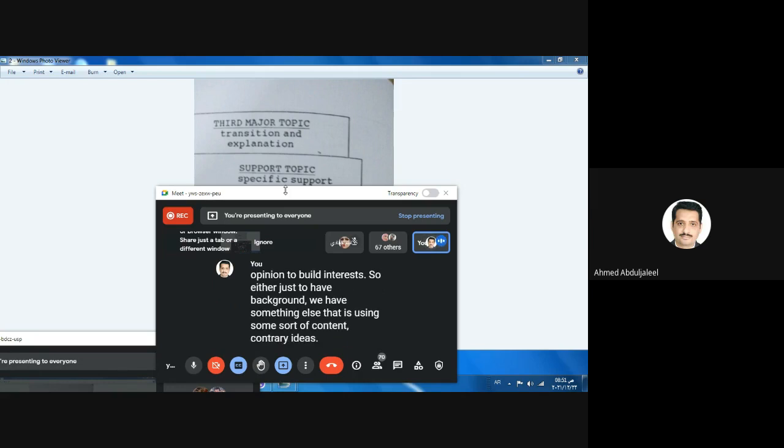Supporting and arguing, or let me say, being against, opposing ideas. It is like you see the opposite side, the opposite direction.